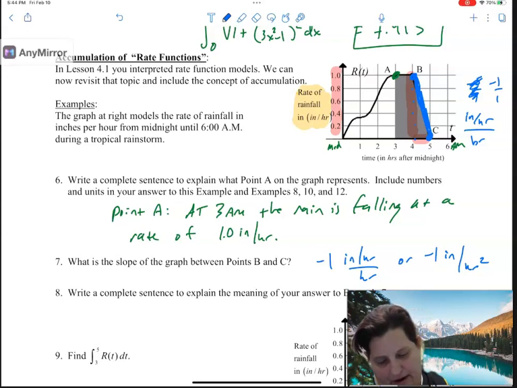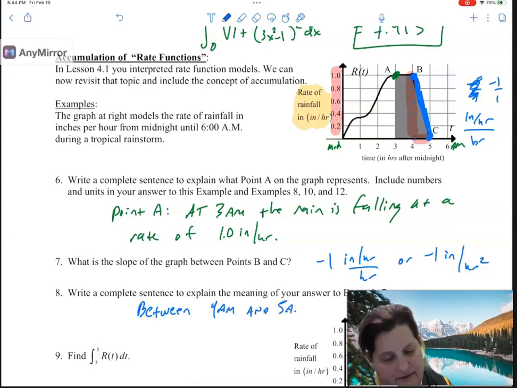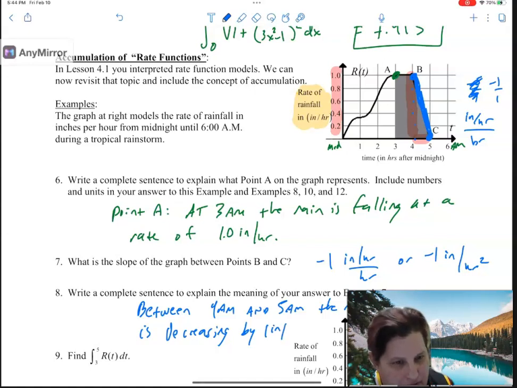So it says between, let's see, it started at point B, 4 a.m. and 5 a.m., right? The rate of rainfall is decreasing by 1 inch per hour.